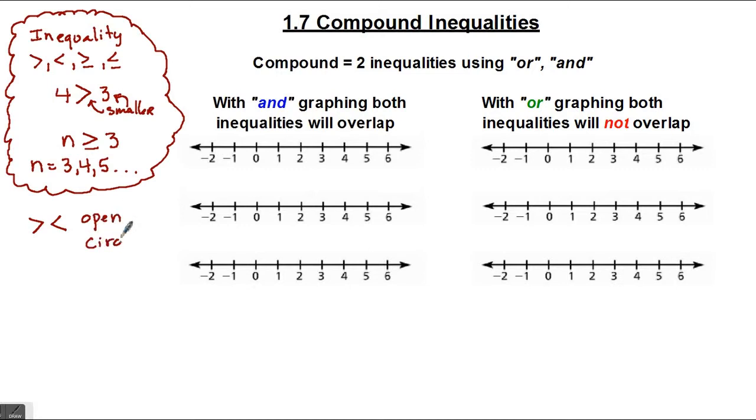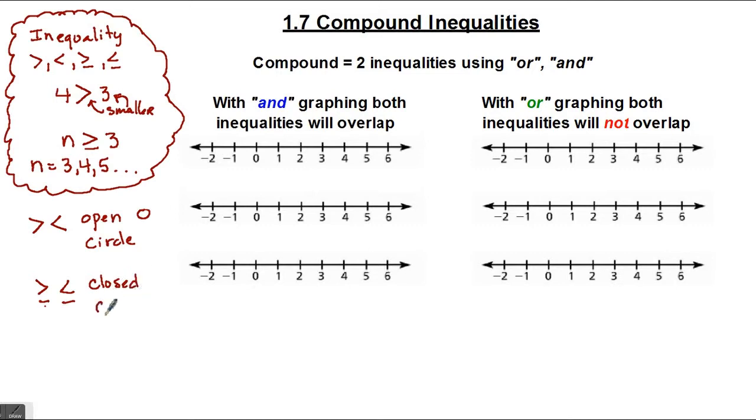That means that we're going to use an open circle when we're graphing these inequalities. So when we go back to 1.7, we're going to use an open circle. If you see greater than or equal to, or less than or equal to, so you see the little line underneath with the equal, you're going to be using a closed circle.